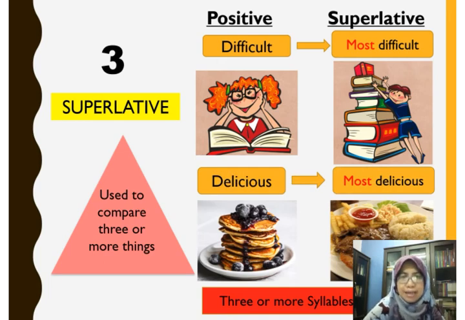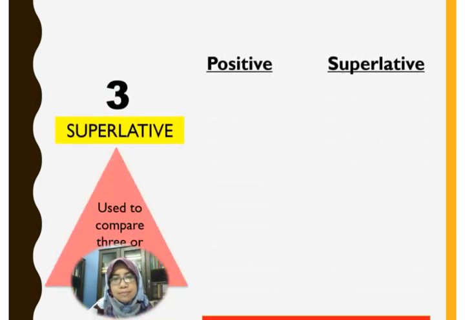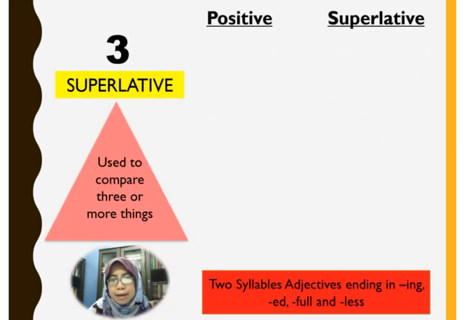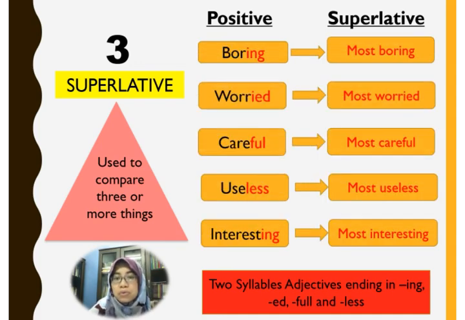Delicious, sedap, sangat sedap, yes, you have to add most. Okay, same goes as in comparative. Not all the words you have to add -est, -iest. Okay, you have to take a look.